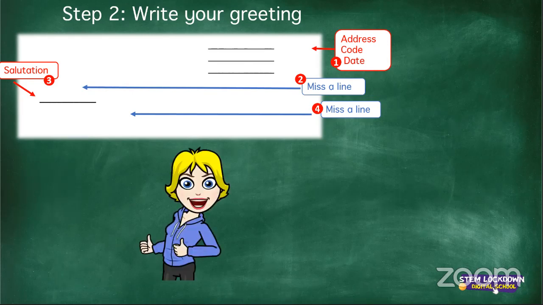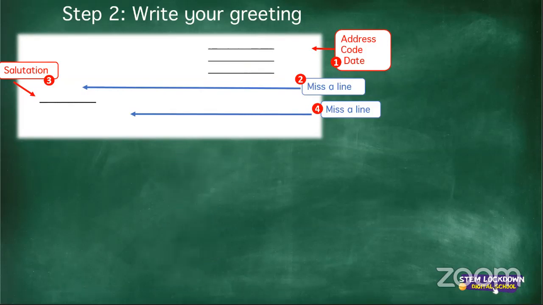Okay, got that part? Good. I hope you are doing this step by step with me because it will help you to remember how to set out a letter later when you get back to school.